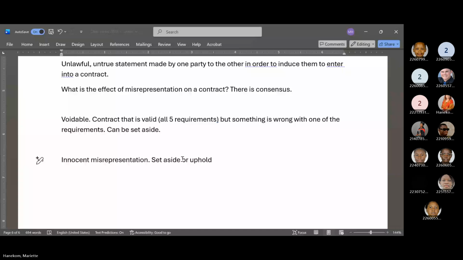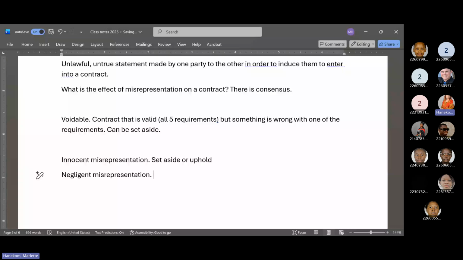If the misrepresentation was negligent, so I didn't know I was misrepresenting, but I also didn't follow the proper steps to ensure that whatever I was saying was true and correct.